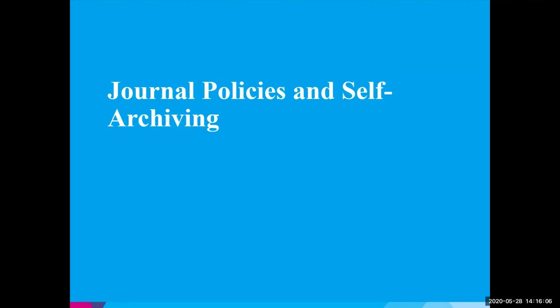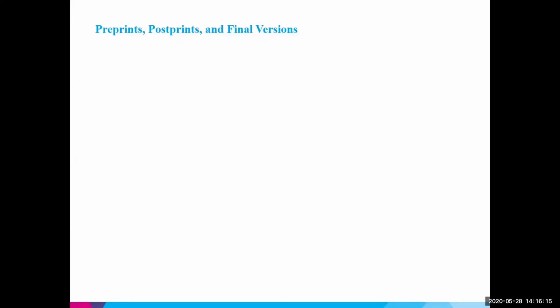And there are a couple of great tools that you can use, but first I have to talk about article versions. And what are article versions? Journals have a publication process, as you might be aware of, and an article goes through a lot of stages before it gets published in a journal.